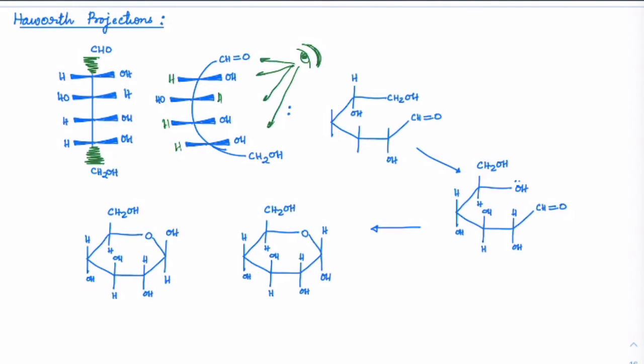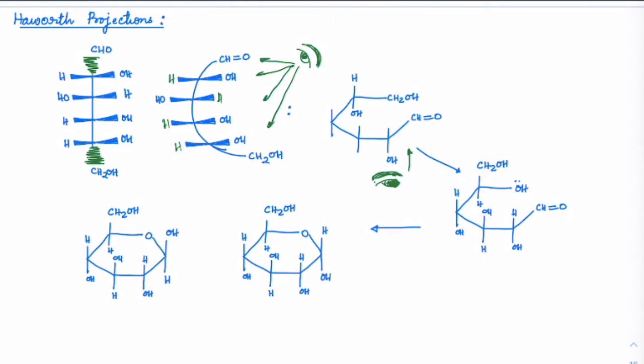Which means you are making this vertical form into a cyclic form, and the cycle should be pointing towards you. So then OH and H will be up and down. That is how the structure would be. Imagine this CHO which I am putting out. Your eye is here, and from here you are watching that.